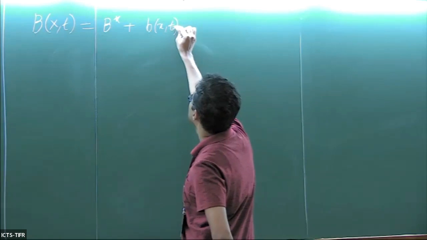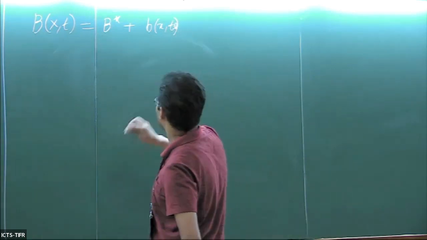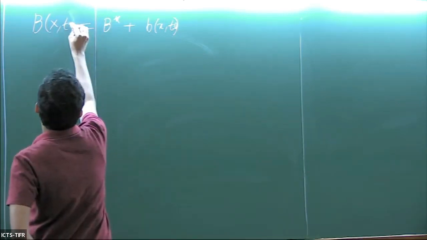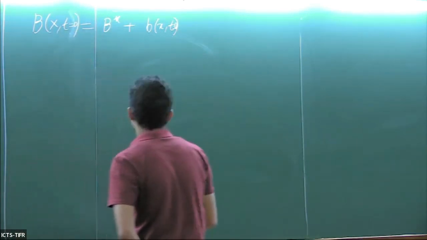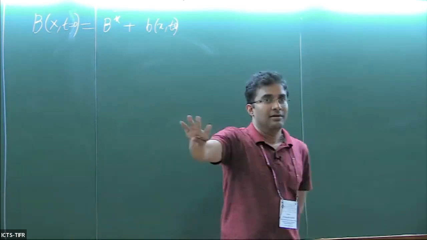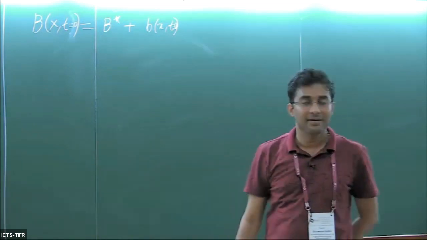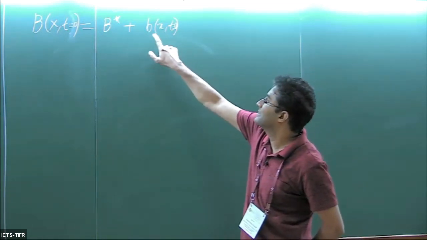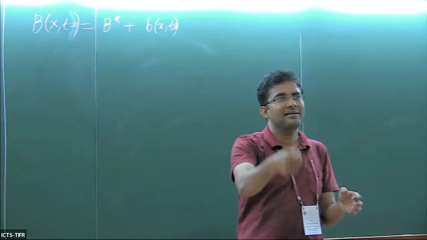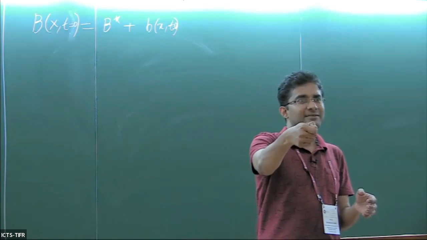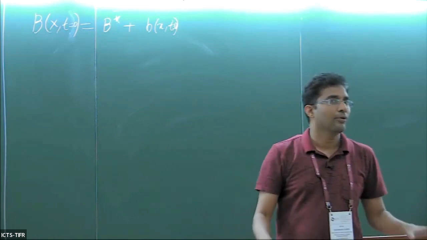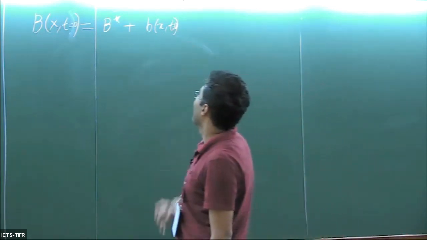So what we do is that at time t equal to 0, we assume that we have B star everywhere in the landscape, but we make a small perturbation, and this perturbation could depend on space. So in some places I have increased the population size, in some other places I have reduced the population size. It's not necessarily uniform. Okay. So I have made this perturbation.